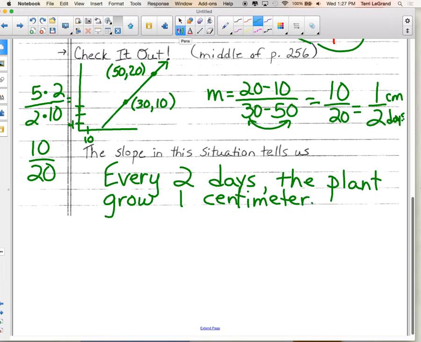Again, when they ask you to say, what does the slope in this situation tell us? For every 1 unit it is going up, it is going over 2, but that is not what it's asking. It's asking, specific to this situation, what is actually happening.